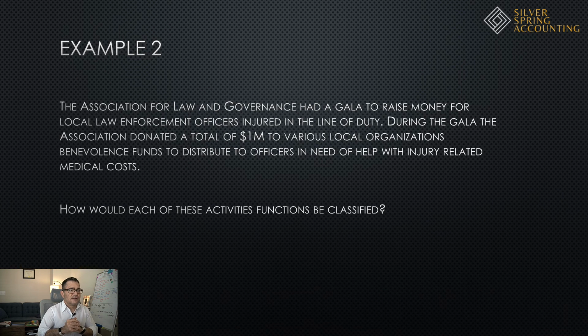Now, the second example, we have the Association for Law and Governance, which had a gala to raise money for local law enforcement officers injured in the line of duty. During the gala, the association donated a total of $1 million to various local organizations' benevolence funds to distribute to officers in need of help with injury-related medical costs.